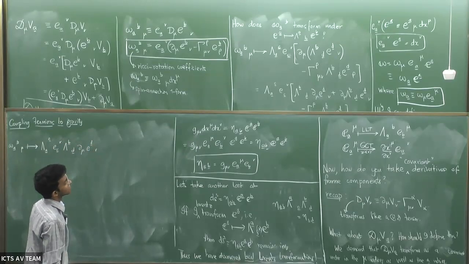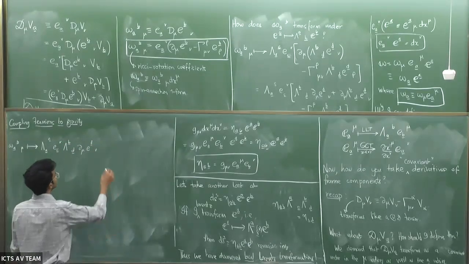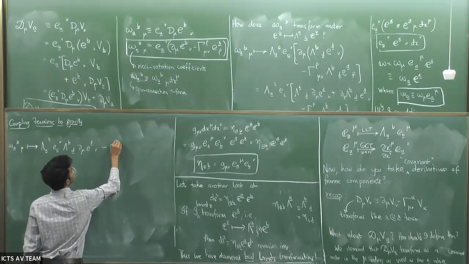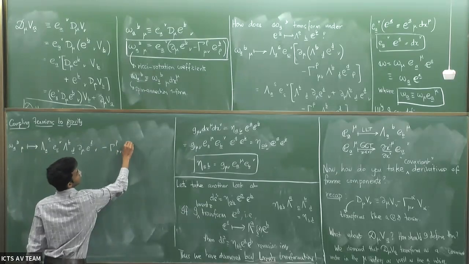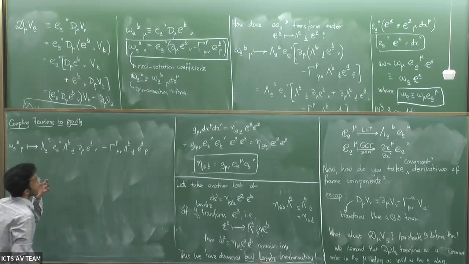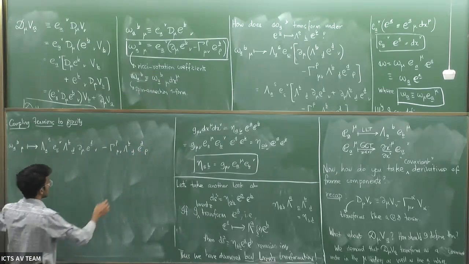This last term is what I wanted. It's gone. Minus lambda rho mu lambda B D E D rho. Oh, with another lambda, right?